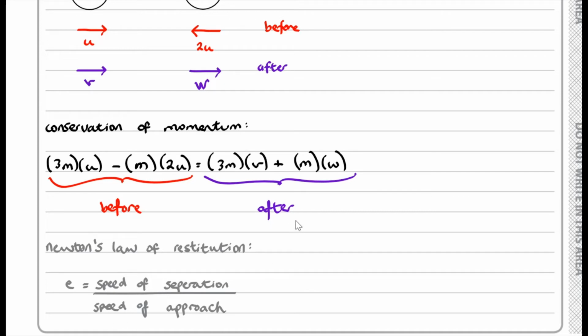So from this we can form an equation in terms of W, V, U for E. So we have E equals the speed of separation.